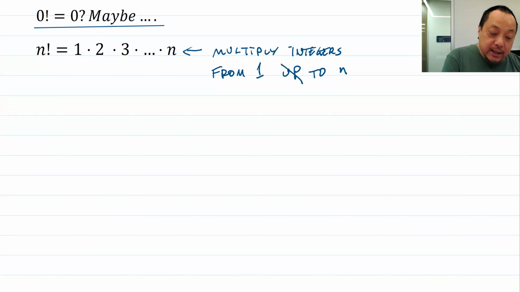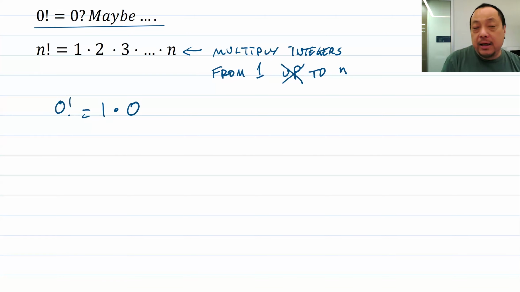Well, what if we cross out the word up? We're just going to multiply integers from 1 to n. Well, if that happens, then yeah, sure, we can multiply from 1 to 0. Then in that case, 0 factorial would equal 1 times 0, and 1 times 0 is 0. There, that's a possible way to justify defining 0 factorial as equal to 0.